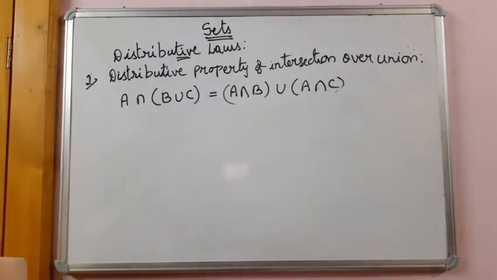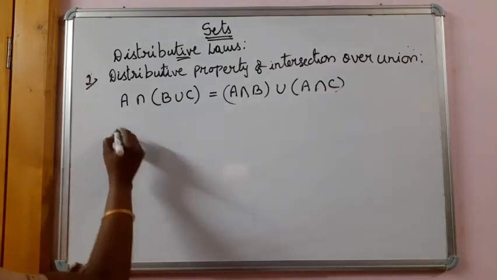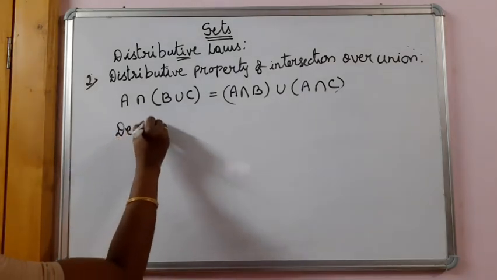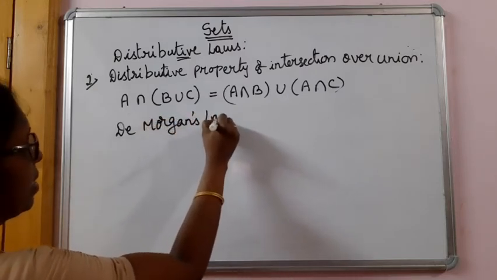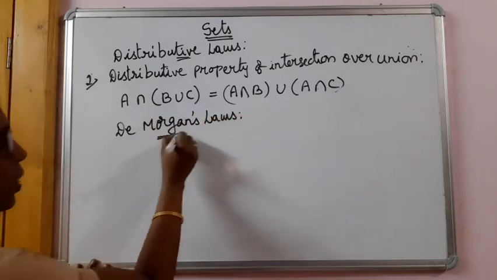Now you will have other laws, that is De Morgan laws. De Morgan is a mathematician. He introduced these laws, so they are called De Morgan's laws.